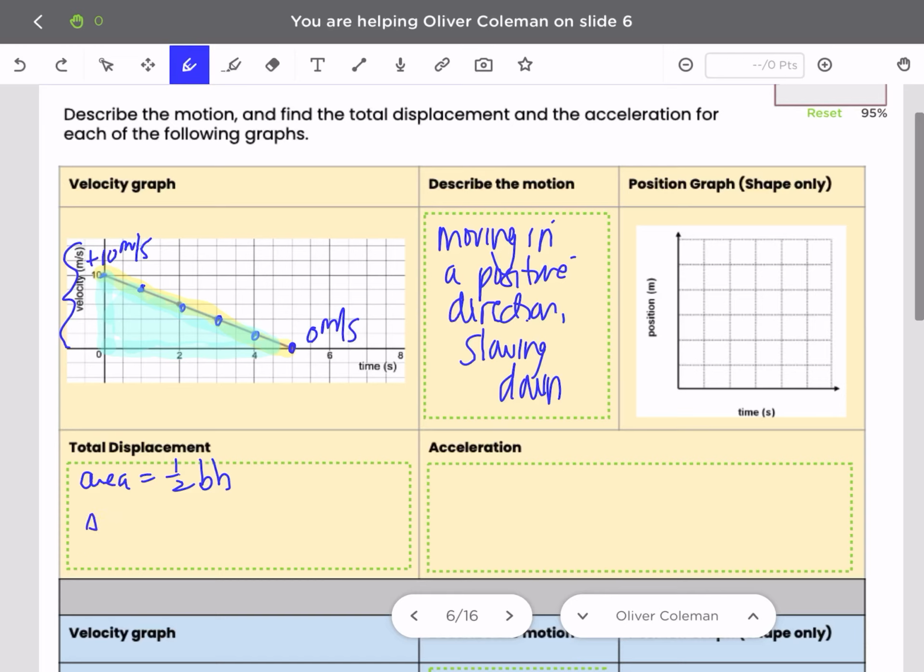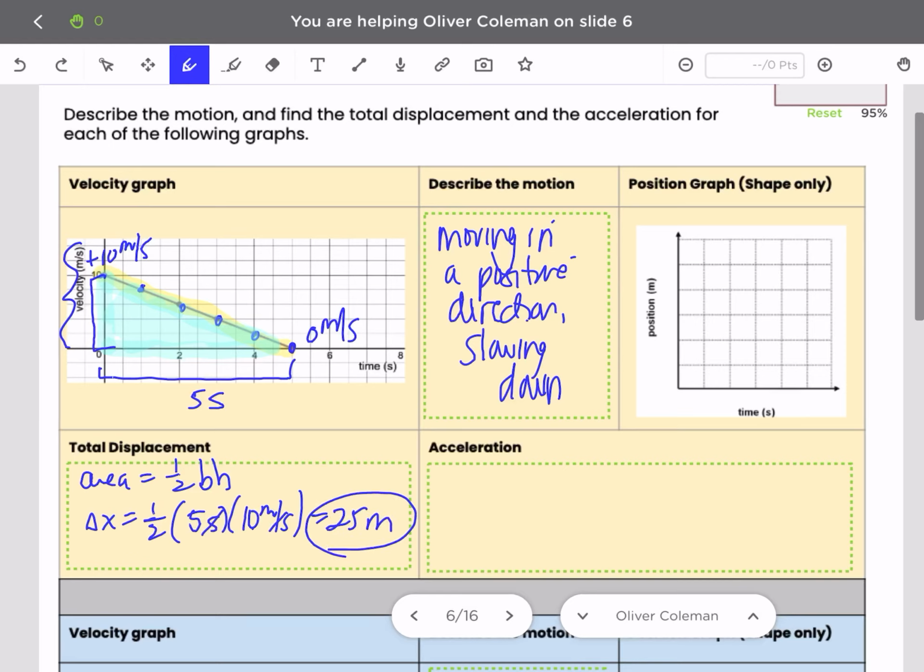The base of that triangle is 5 seconds long, and the height of this triangle is 10 meters per second. So 1/2 times 5 times 10, so 50 divided by 2 is 25. And remember, the seconds cancel, so that's a total displacement of 25. It comes out positive 25, because it's still above the axis. It's still moving in a positive direction.